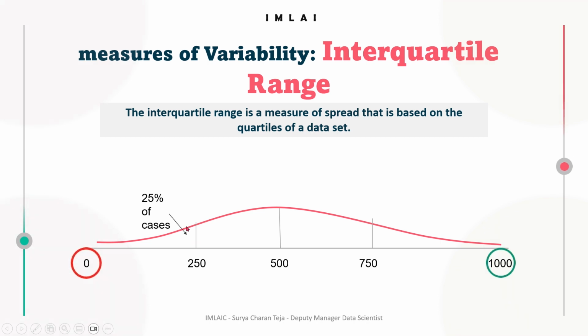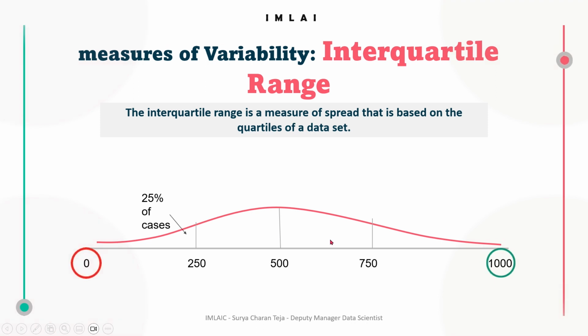Whereas the 25th percentile is the value which holds 25 percent of the cases in the total dataset. Similarly, the 75th percentile is a value up to which you have 75 percent of the cases from the total observations.